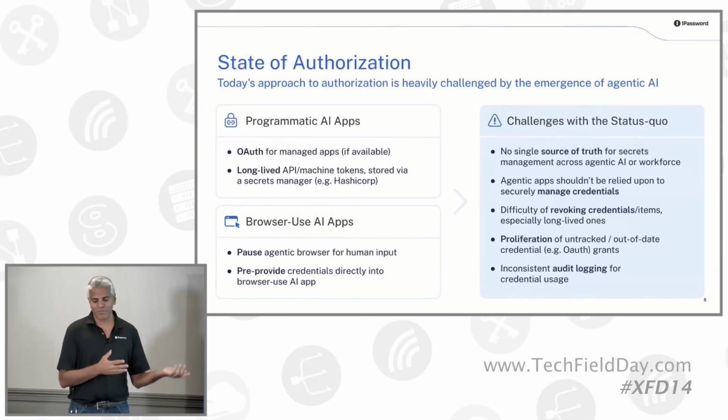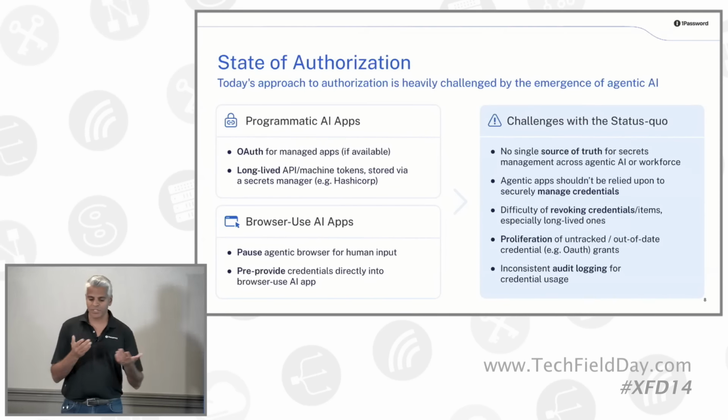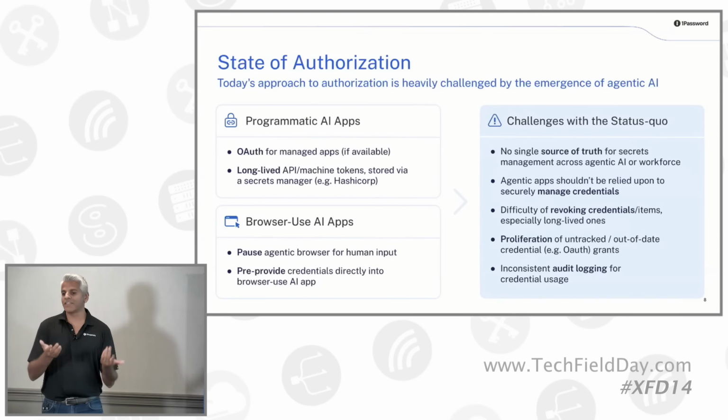In addition to those challenges, we have the challenge mentioned before about no single source of truth for secrets management across agentic AI and workforce. We really shouldn't be relying on these agentic AIs to manage their own credentials. In an ideal world, we would fill credentials on behalf of the agentic AI and never actually give the credential directly to it. But even then, each time a credential is being used on behalf of an agentic AI, the risk of leakage goes up.